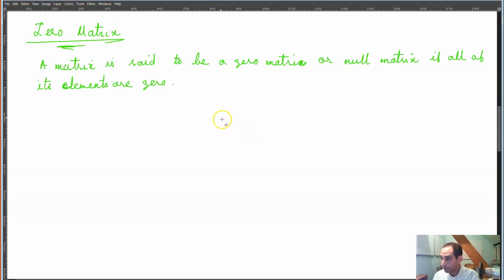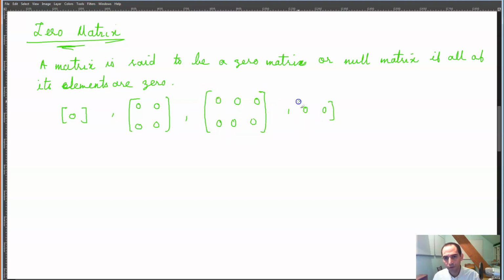So for example, this matrix is a zero matrix, this matrix is a zero matrix, this matrix is a zero matrix, and so on and so forth. And the zero matrix is denoted by O, not 0 but O.